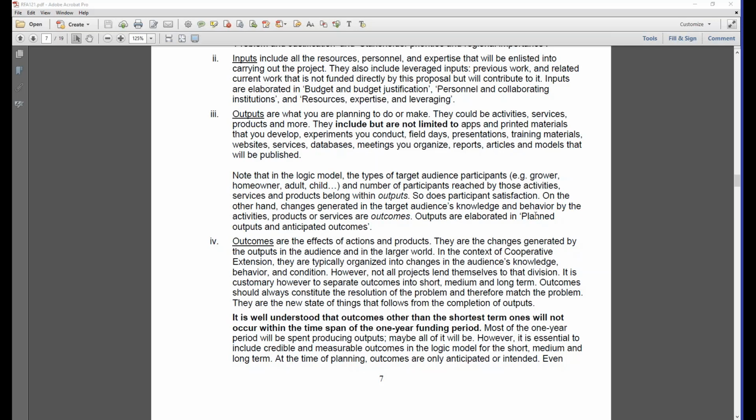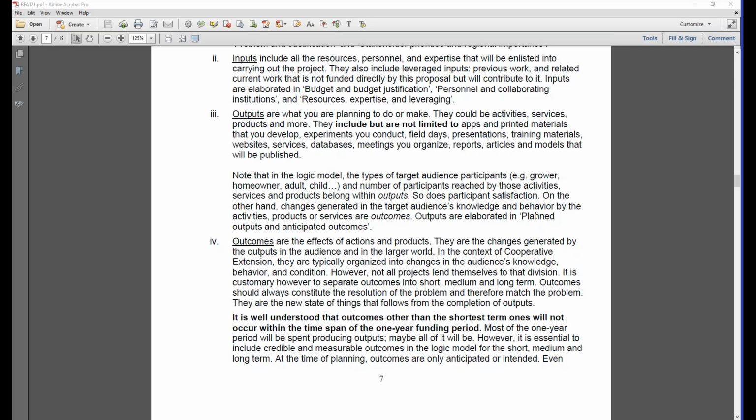Now, this grant program is very short. It's just a one-year grant, so we are well aware that most, if not all, of those outcomes, the results of what you're going to do, are not going to be seen within the period of the grant, within the date range where you will be receiving the funds, and will not be seen before you turn in a report for this grant.